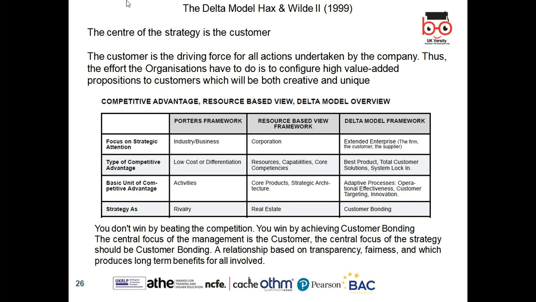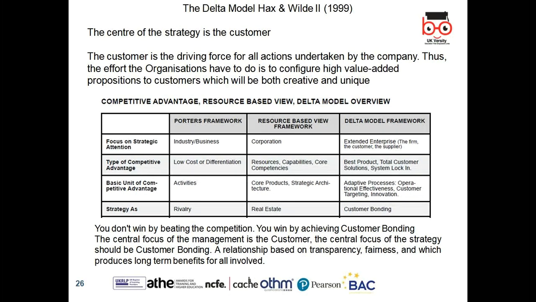Configuration is a high value added proposition. So compare the Porter framework: industry, business, lower cost, differentiation, business unit. The resource-based view is about corporate resources, capabilities, core product.